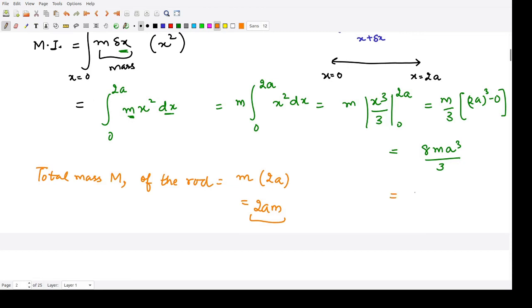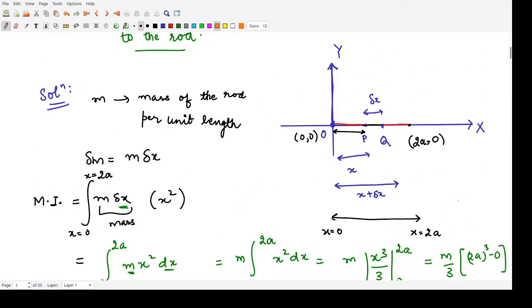It would be 4 by 3 a square as such, and then we have 2am left with us. So it would be 4 by 3 a square into capital M. So this would be the moment of inertia when we are taking the moment of inertia about this line from this rod. So this is the first part.